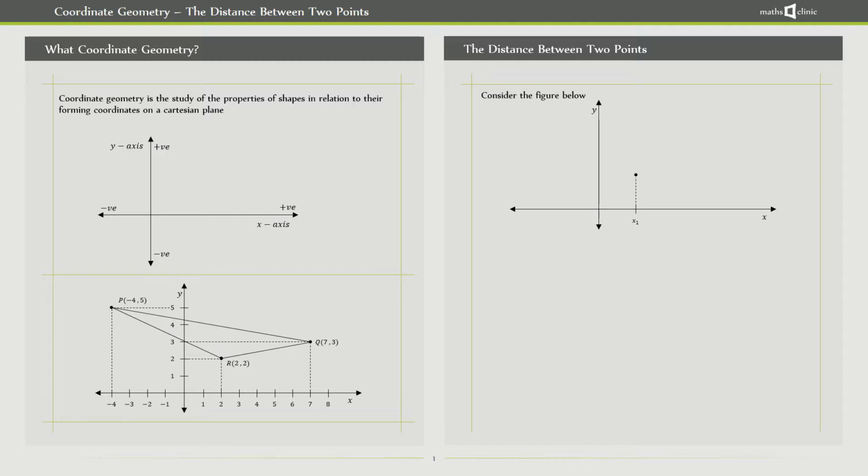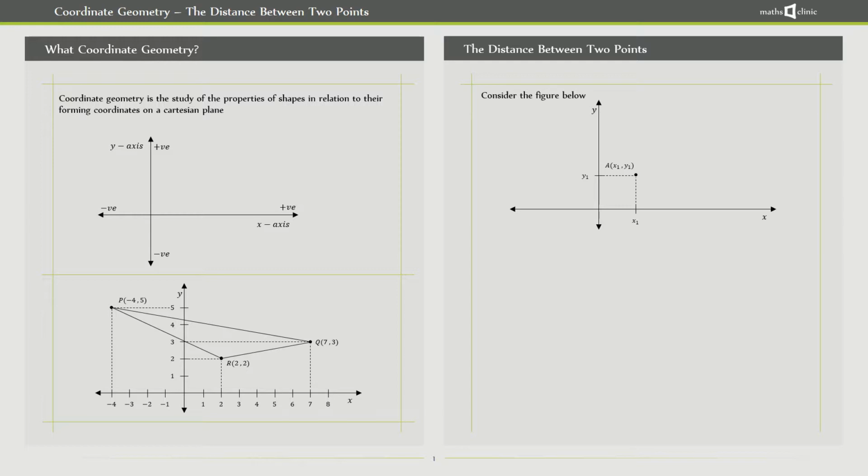We don't know what it is, but it has a value x1. Similarly, I'll trace it to the y-axis, and it'll have a value y1. So this is our first point, point 1, with values x1 and y1. I'm going to call it point A. Now point A is (x1, y1).